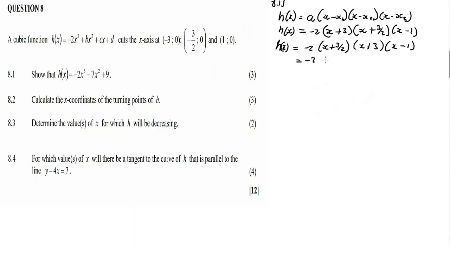It's minus 2 times x plus 3 over 2, then x squared, plus 2x, and minus 3.